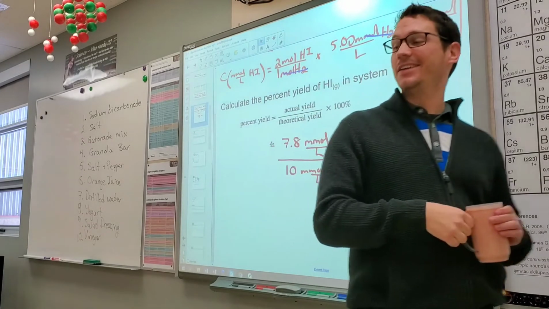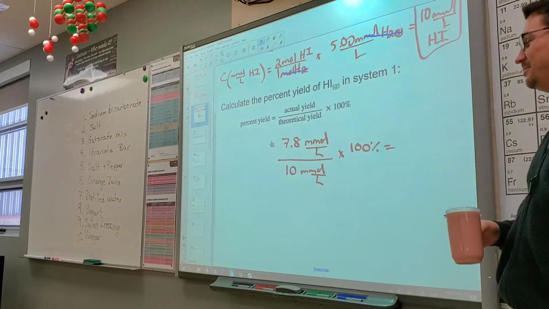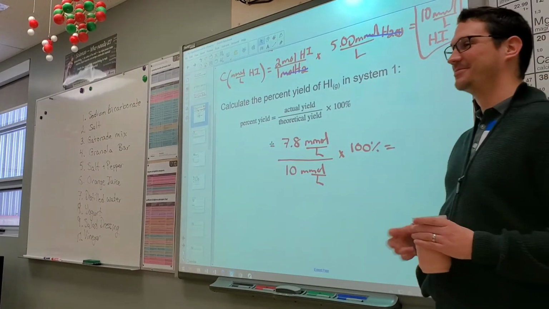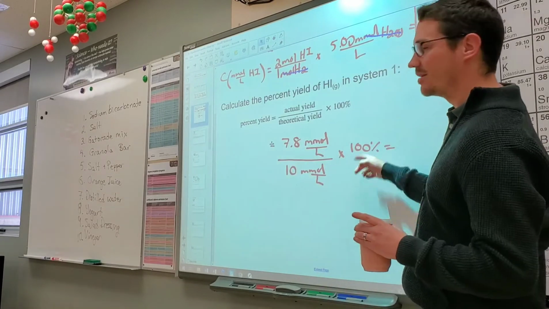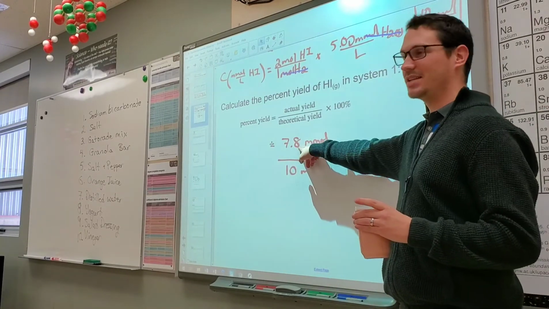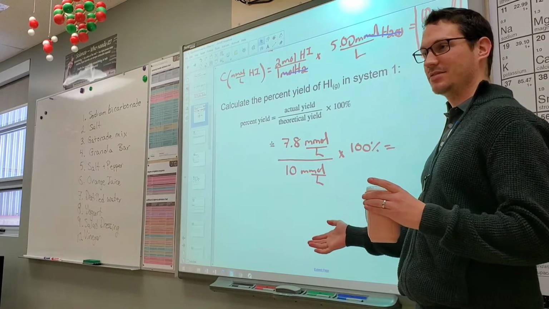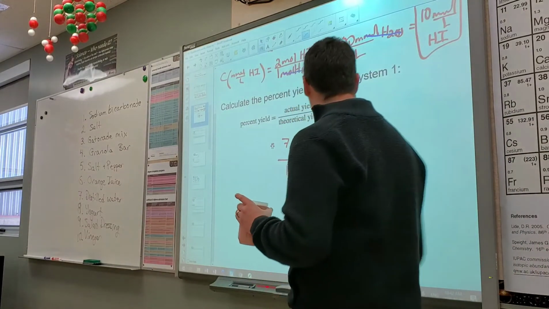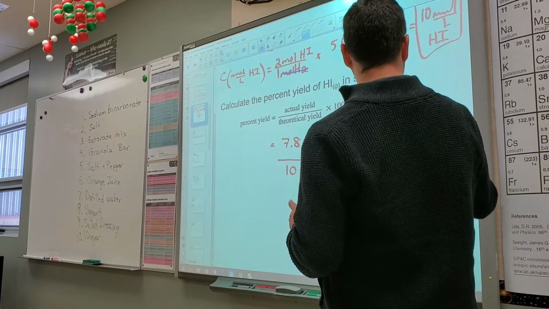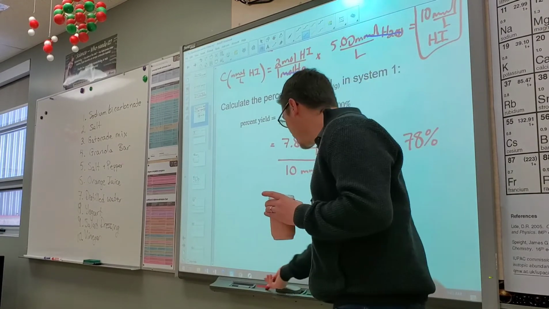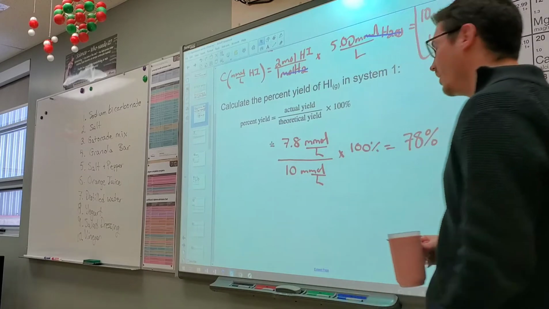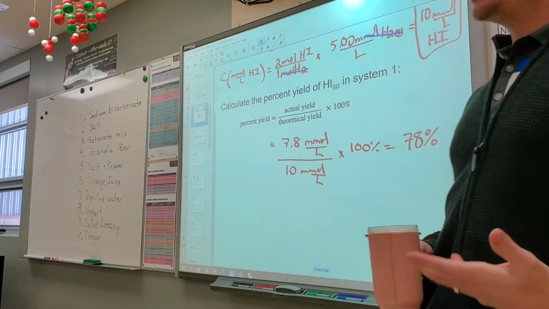So if you do this calculation, this divided by 10 times 100, it's basically like this times 10. What's 7.8 times 10? 78, right? So this should be 78%. A 78% reaction.